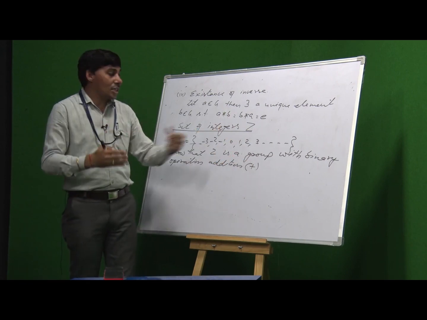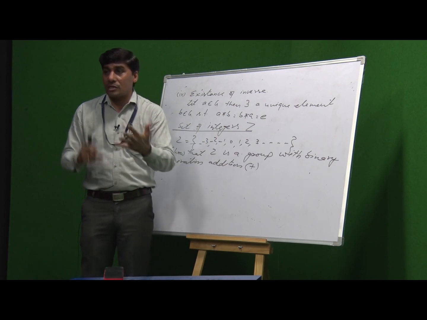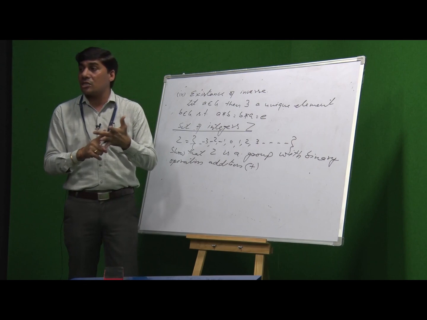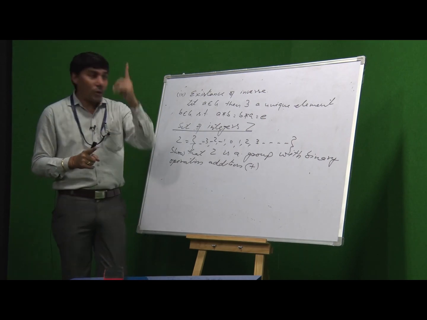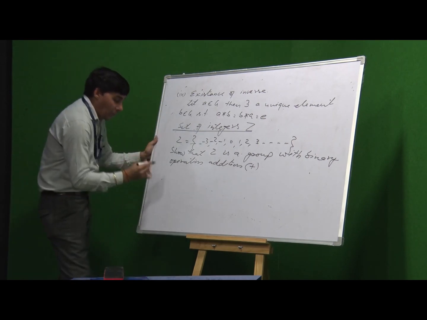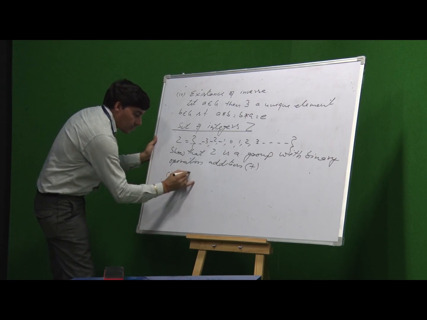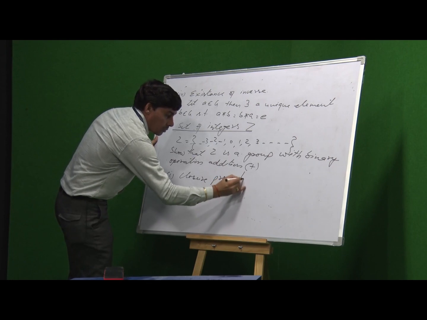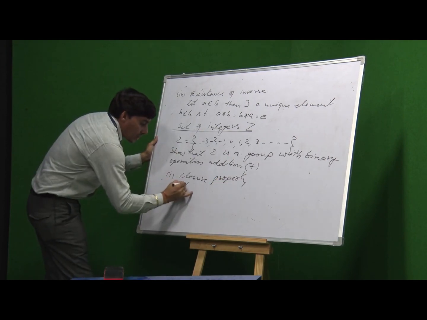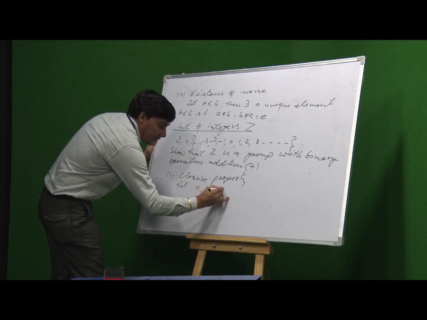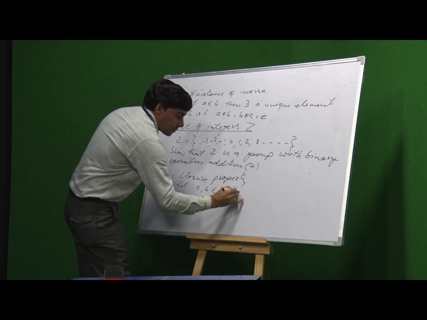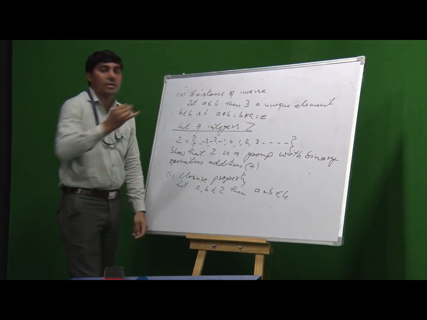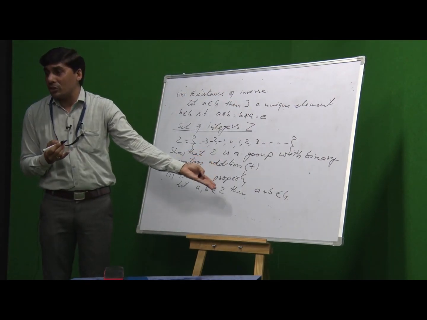Now we will discuss the remaining properties, that means closure property, associative property, existence of identity and existence of inverse. So first one, the closure property. Let a, b belong to Z, then a plus b also belongs to Z by the definition of the binary operation.